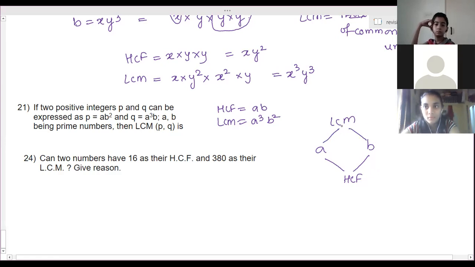So A and B are factors of LCM, and HCF is a factor of A and B. Able to understand this? Why I have written like this? Yes, ma'am. So it is actually this way.